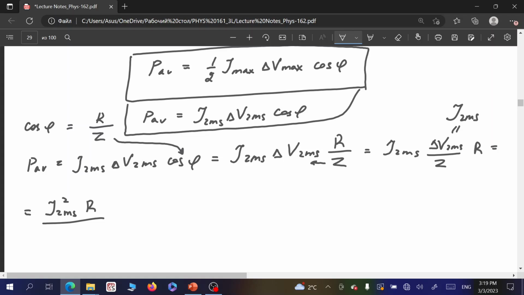So what does it mean in terms of dissipation of energy over the inductor and capacitor?